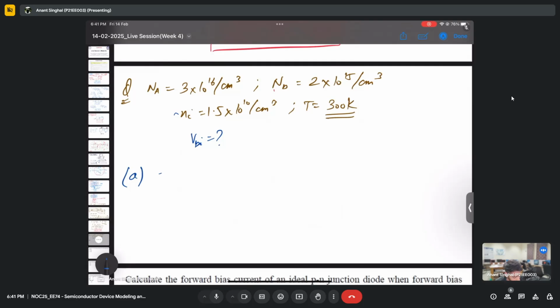Let's say the options are 0.7, 0.68, 0.81, 1.04, something like that.